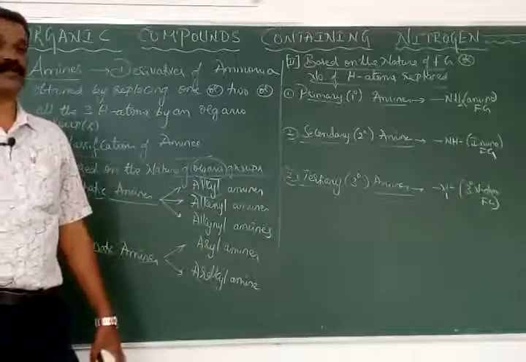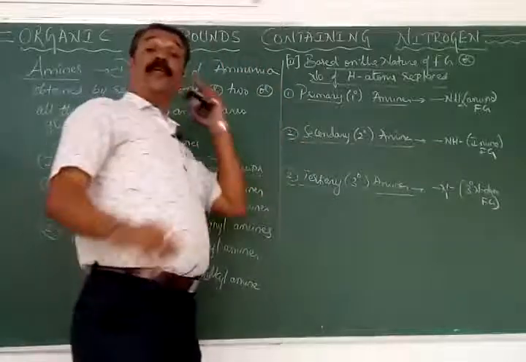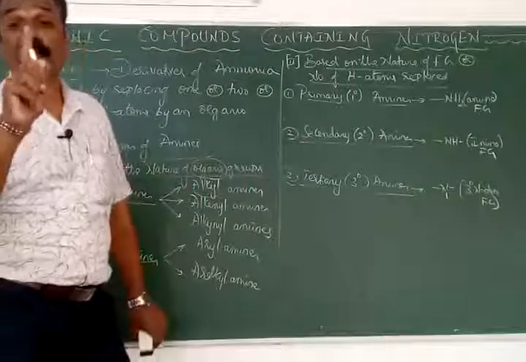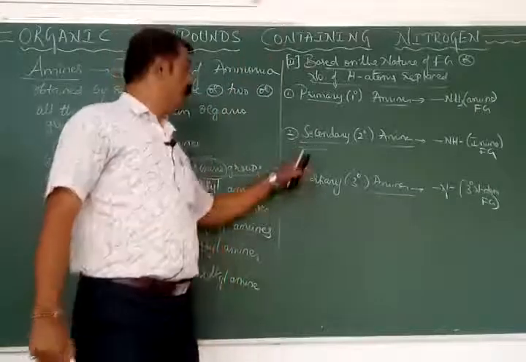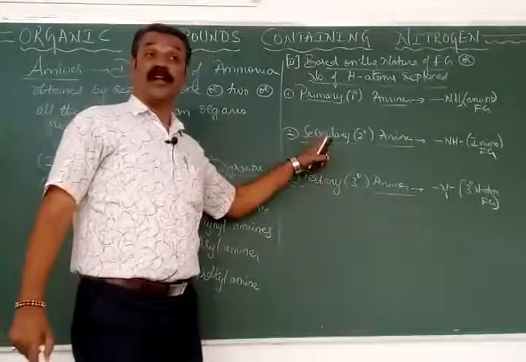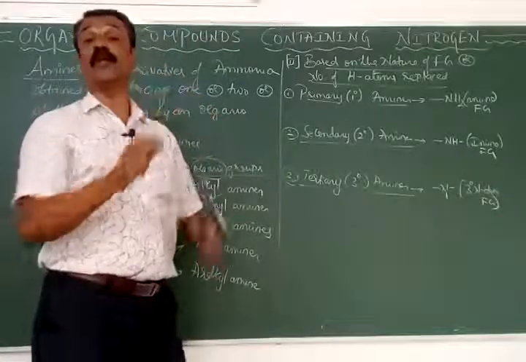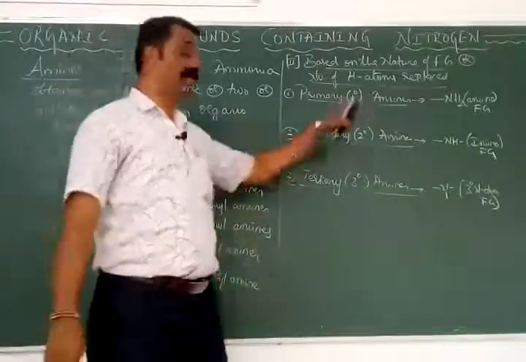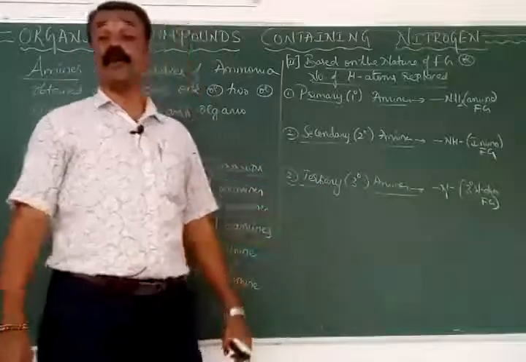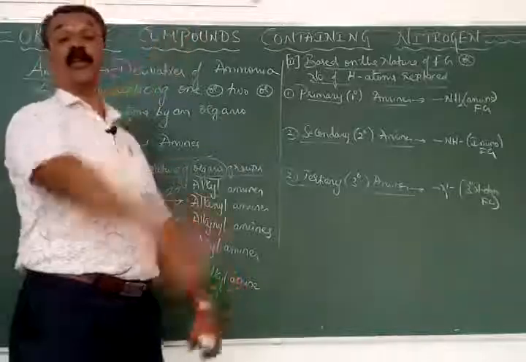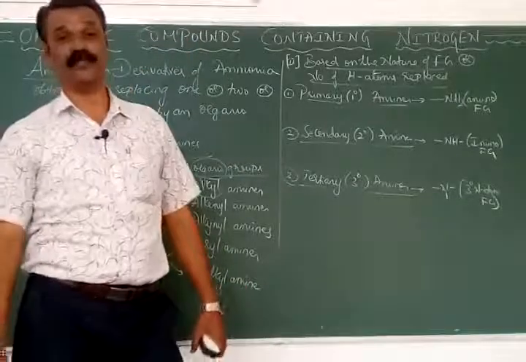In terms of derivatives of ammonia: replacing only one hydrogen atom by an organic group gives primary amines; replacing two hydrogen atoms by two organic groups gives secondary amines; replacing all three hydrogen atoms by three organic groups gives tertiary amines. That is the second definition.